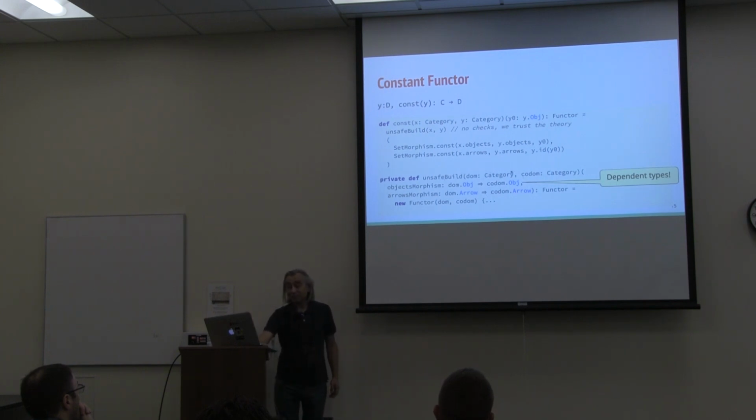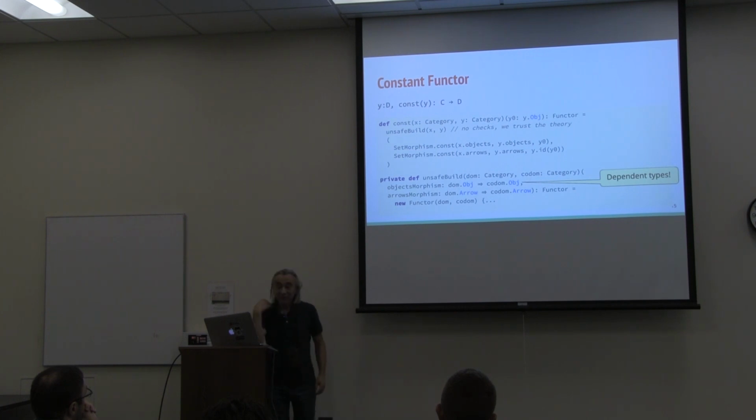And so unsafe build: we have a domain category, a codomain category, and we have to provide an object morphism and an arrow morphism. What's interesting is that we have to use path-dependent types. It's a Scala solution for dependent types. If you're a Haskell person, it could look a little bit weird. But in Scala, it's called path-dependent because you have an instance, but it's complicated.